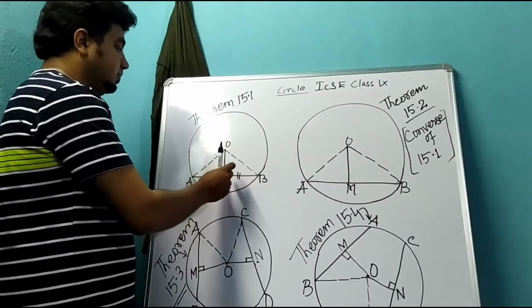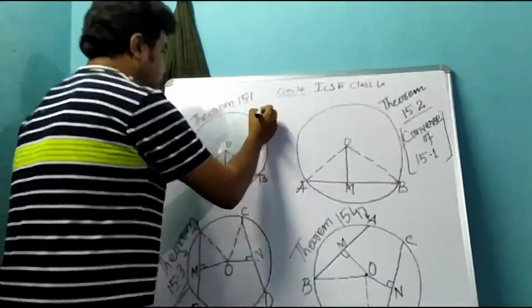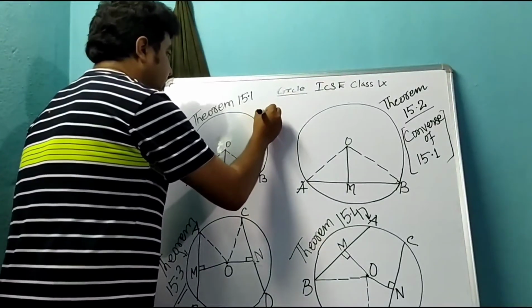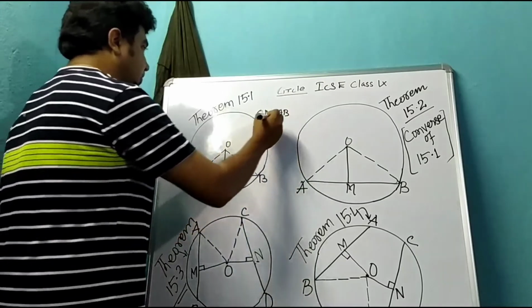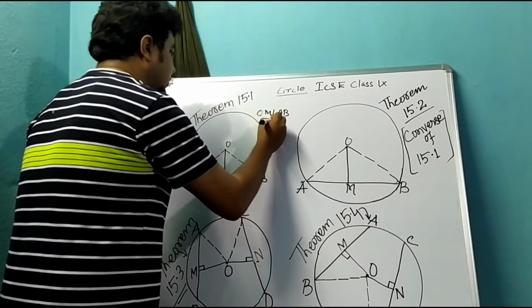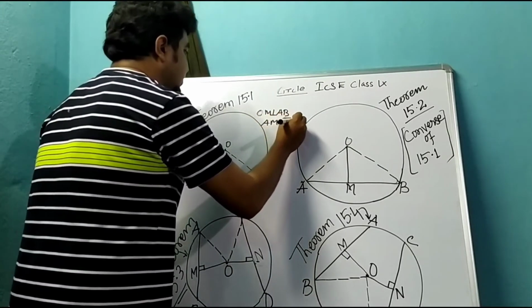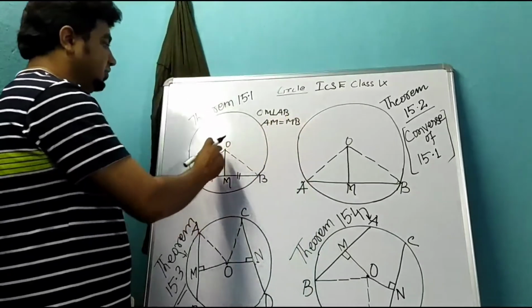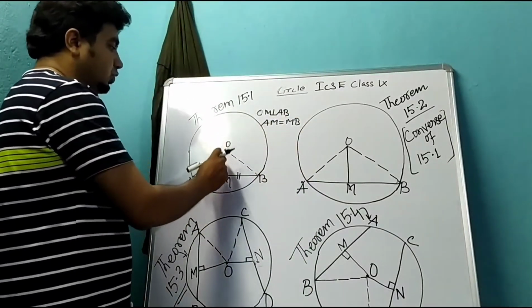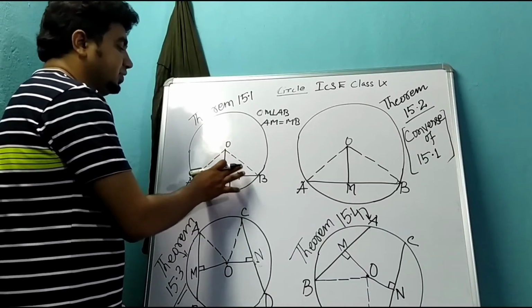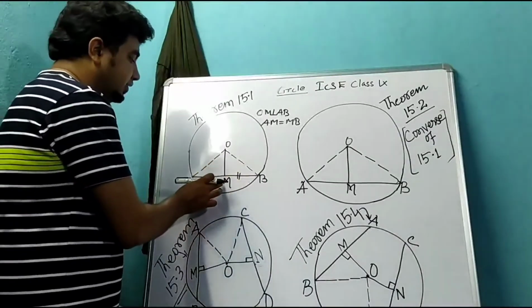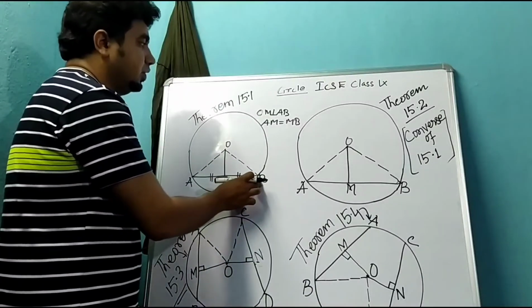In this case, given OM is perpendicular to AB, I can say that AM will be equal to MB. This is the statement of theorem 1. Means if a line passing through O is perpendicular to the chord AB, then AM will be equal to MB.